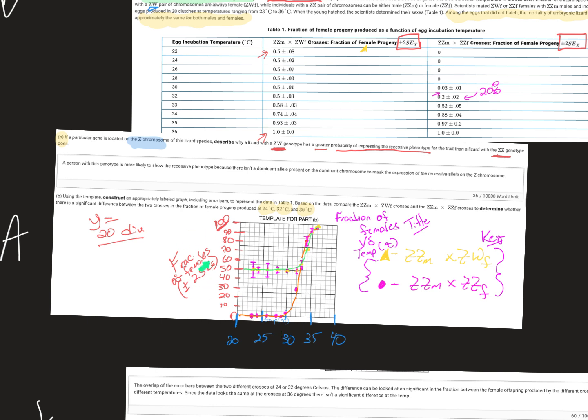The Y is a dependent variable that's dependent on whatever you put on X. So the percent females or fraction females depends on the temperature. Then you plot your points following your key, circles for this cross and triangles for this cross. Then you place your errors, plus or minus 8% here, plus or minus 2% here, plus or minus 7% here, plus or minus 3% here, etc.